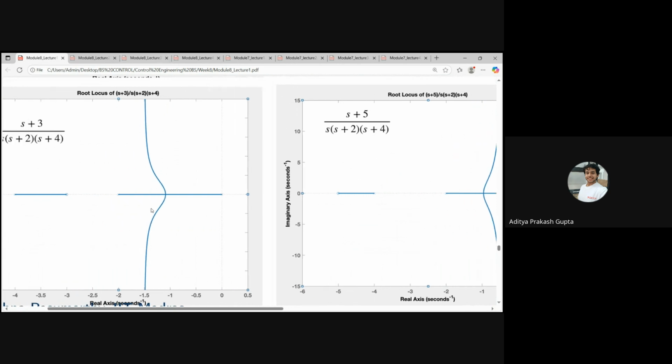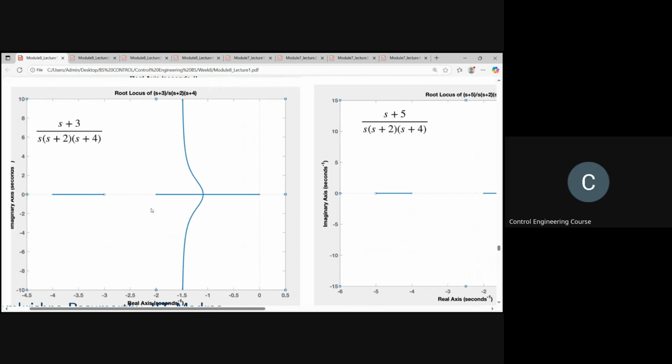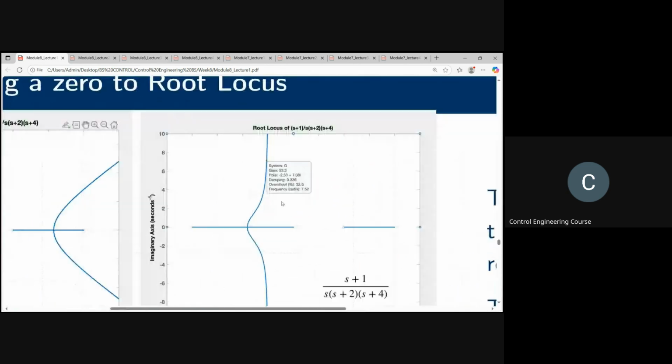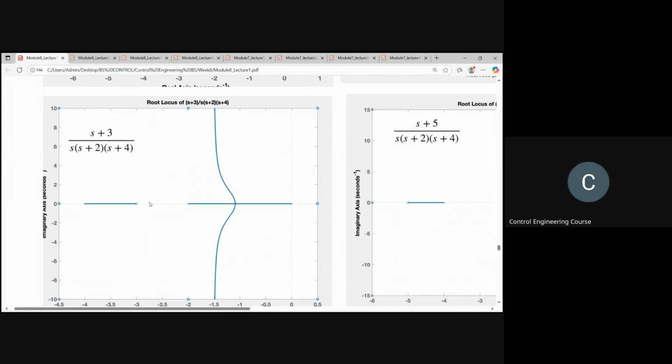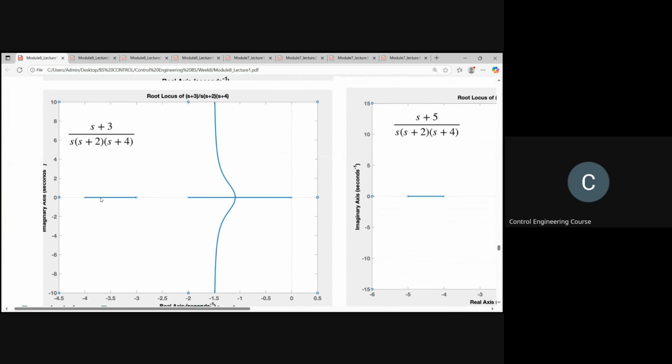This thing I didn't understand. Do you want me to go from here or just the third one? The third one. Okay. If you choose k very high, two poles will be at this vertical segment of the root locus where it hits -1.5, correct? Yes, sir. And the third pole will be between -3 and -4, correct? This comes from the root locus rules. -3 is not exactly 4 times -1.5.